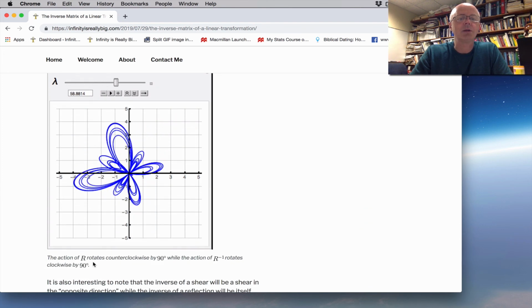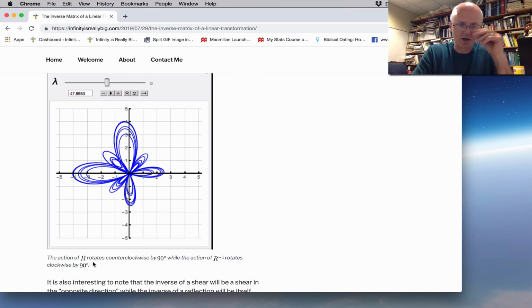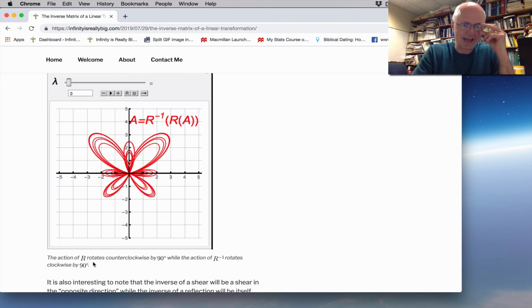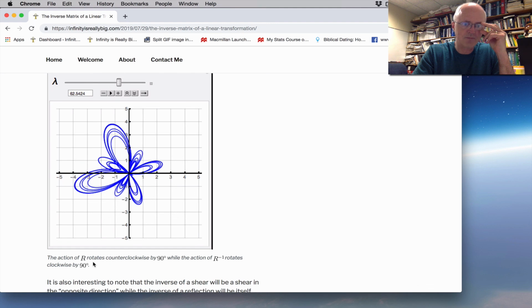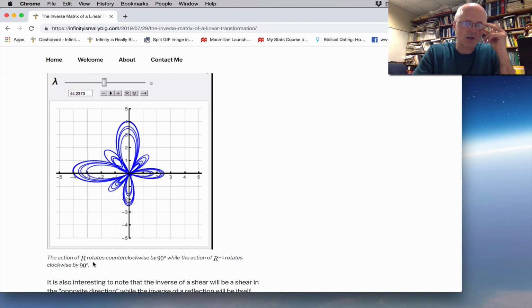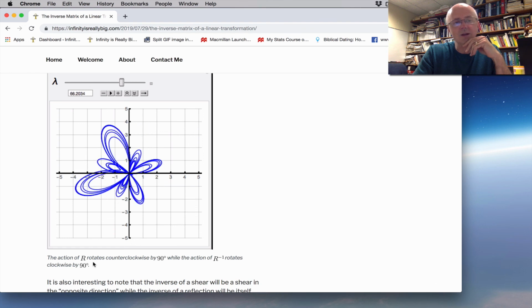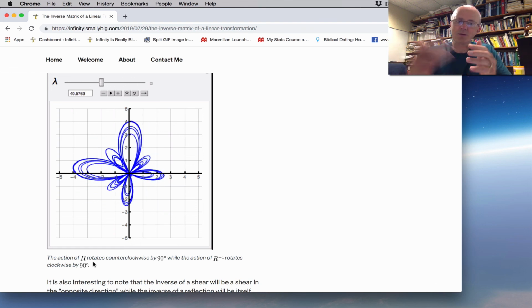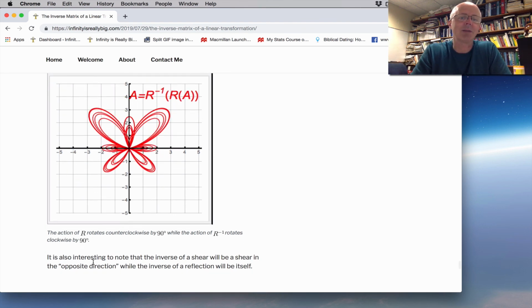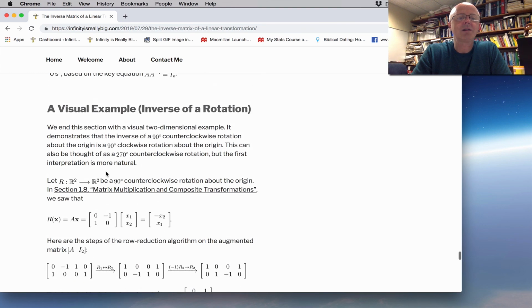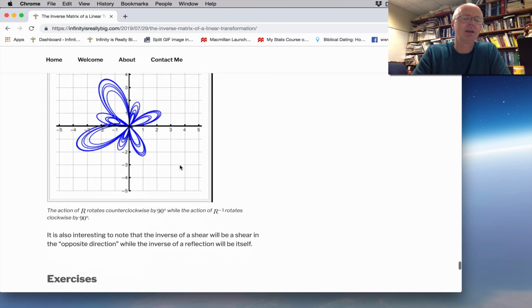You've got the original set here, the butterfly curve that's in red, that's A, which is R inverse of R of A. The blue set there is the image R of A, but the original set, the red one, is also the image of the blue set under the inverse transformation. That's what I'm trying to say. You can certainly think of this also as a 270 degree counterclockwise rotation, but that's less natural.